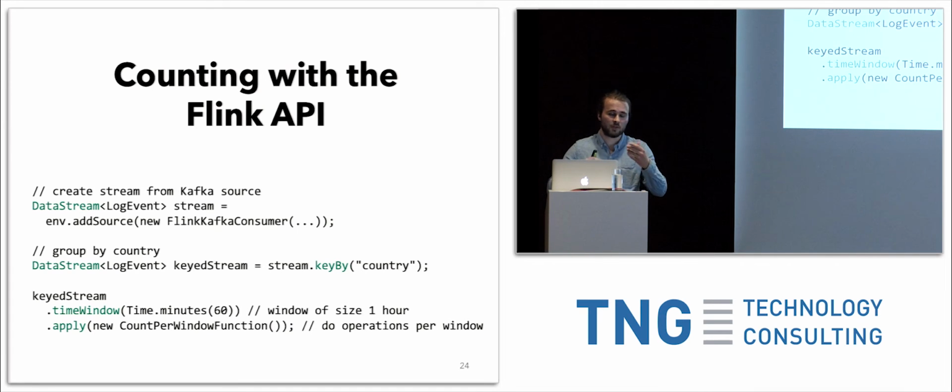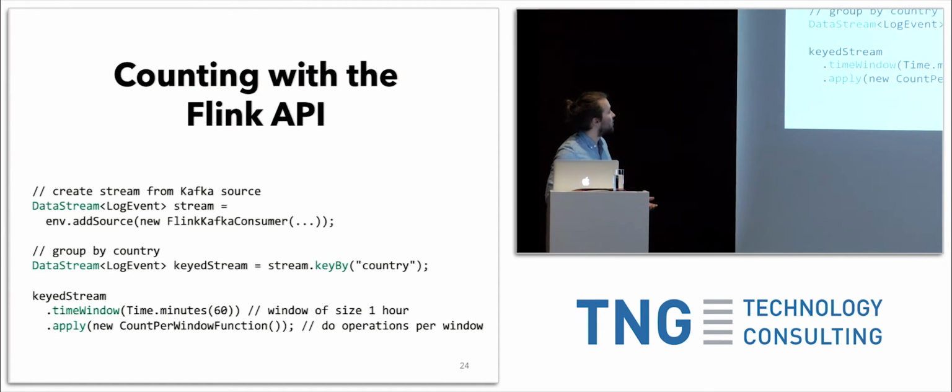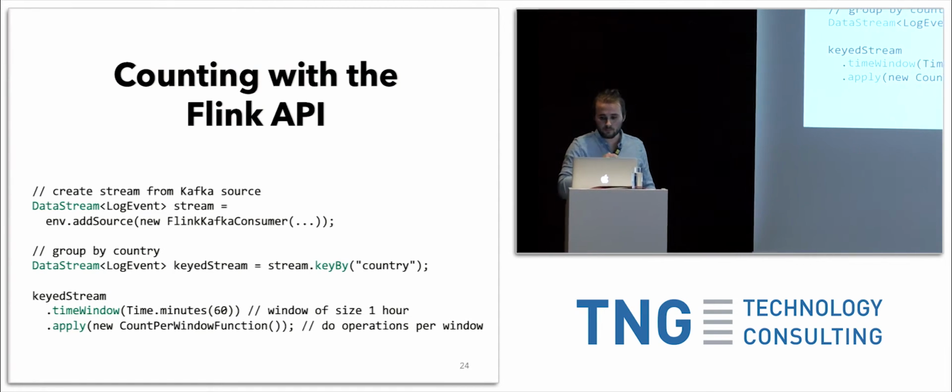So this says if I do some counting or some distribution of the data, I want to do it by country. And then we say, give me a time window of 60 minutes. Windows are what we call these periods of time that you have in stream processing if you want to do aggregations. And then I specify my count function to count stuff in this window. That's a very simple example of the Flink API.